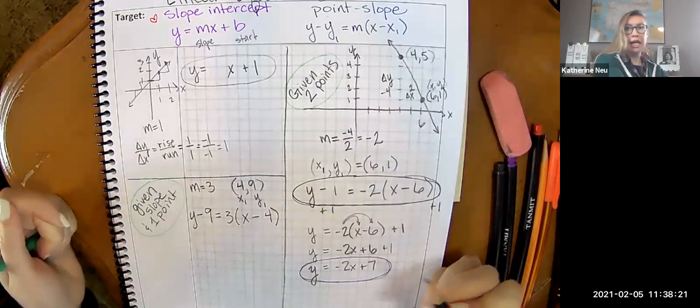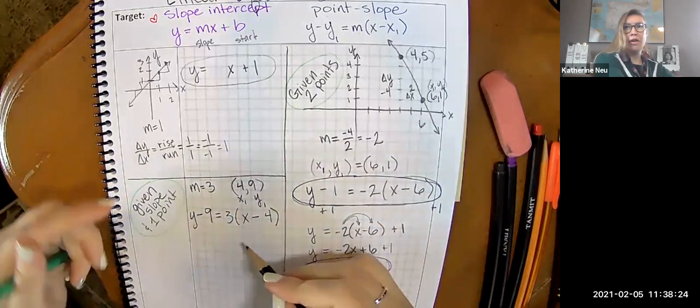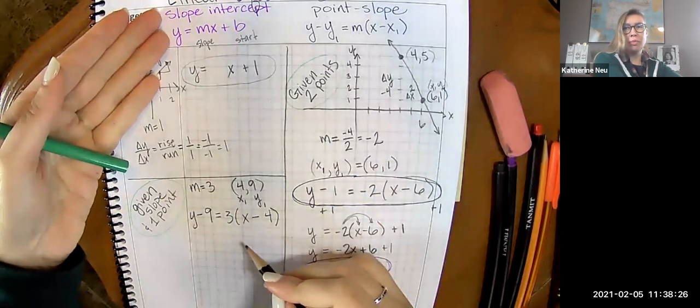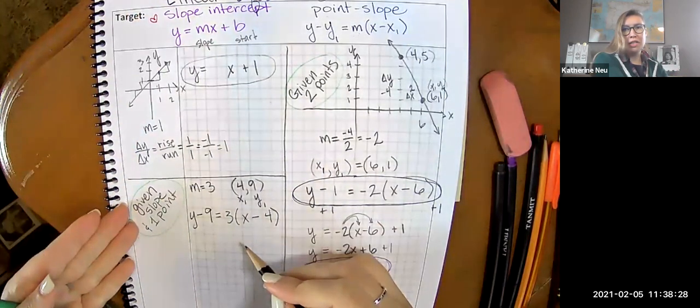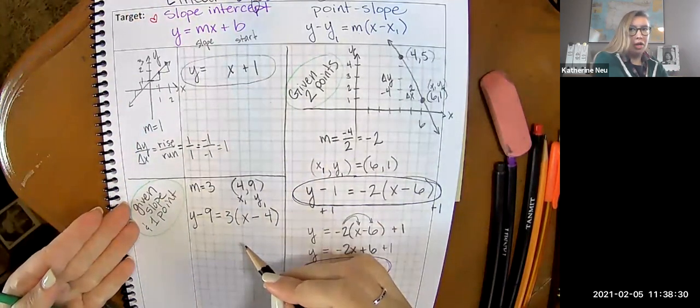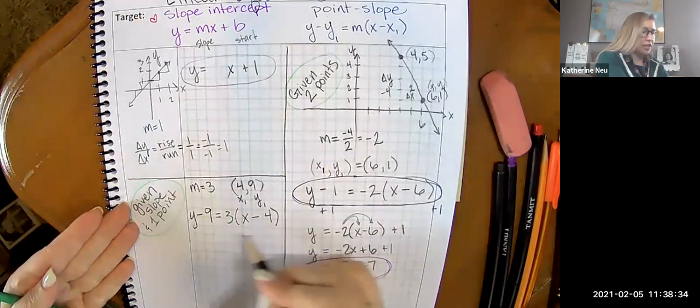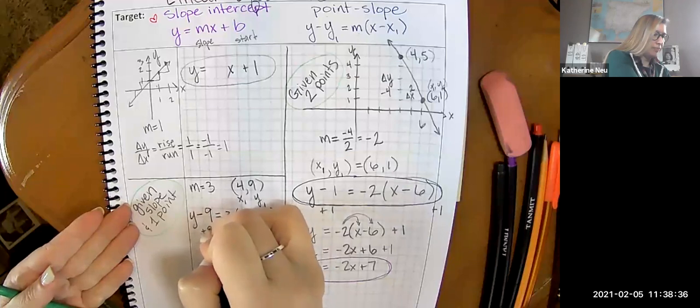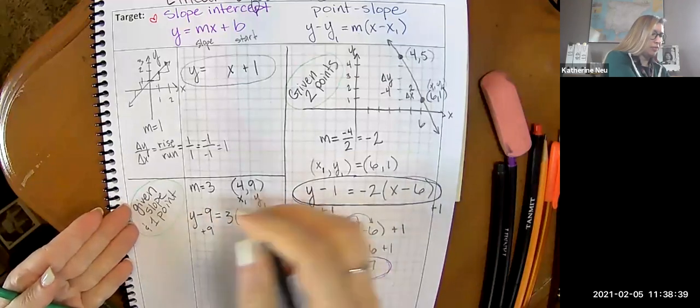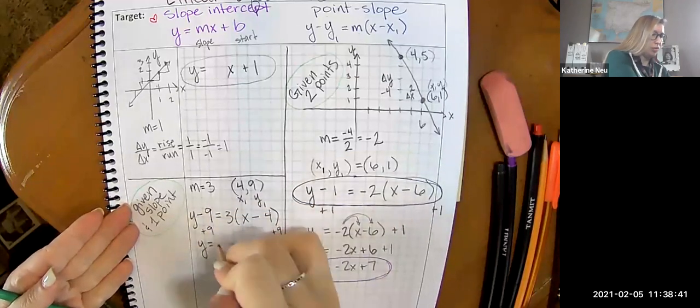And there it is. And let's say they were like, find the slope intercept form given the slope and 1 point. Oh, well, I know how to do that. You just solve for y and get rid of the parentheses. So plus 9, y equals 3.